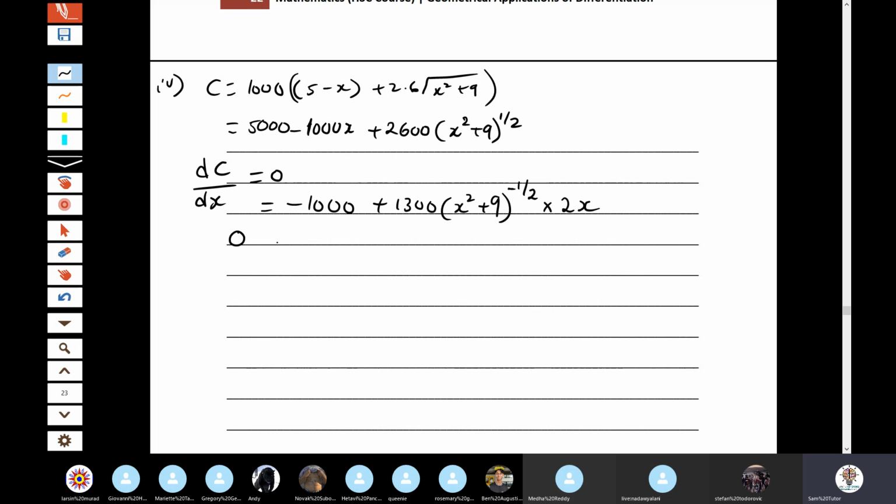Say it again. And then? So you're saying do this 2600x on square root x squared plus 9 first, and then you're saying times it over.